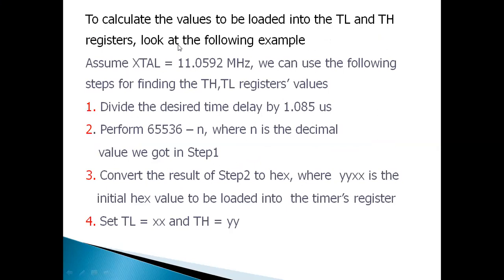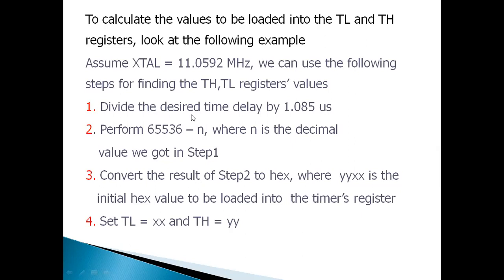Next, to calculate the values to be loaded into TL and TH registers, we have to look at the following example. These steps will help you to understand what value has to be put in TL and TH to generate the given delay. So assume xtal equals 11.0592 megahertz. We can use the following steps for finding TH, TL register values.